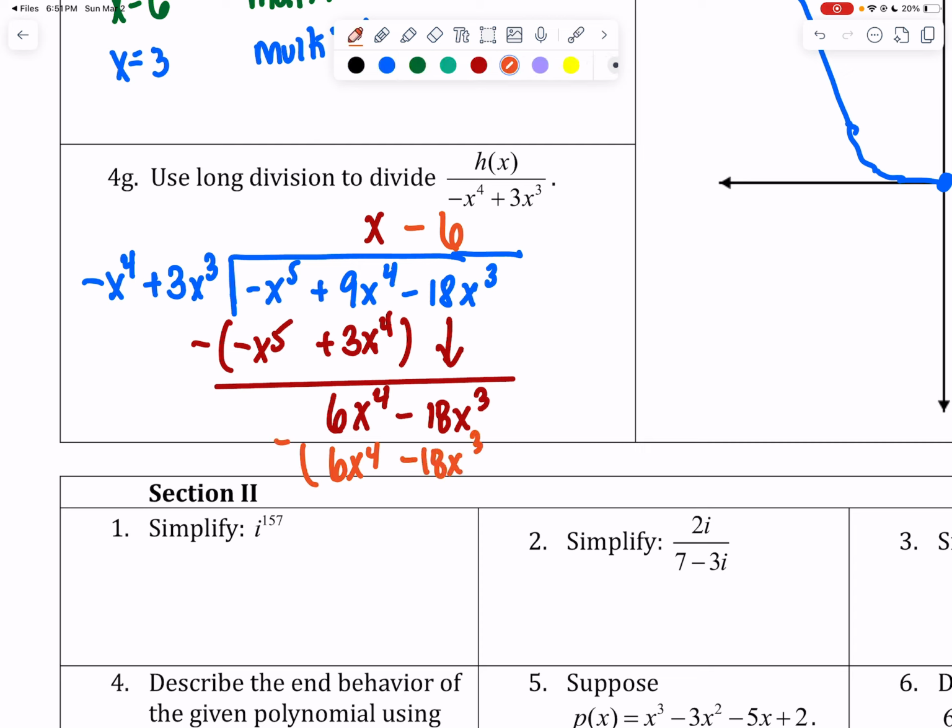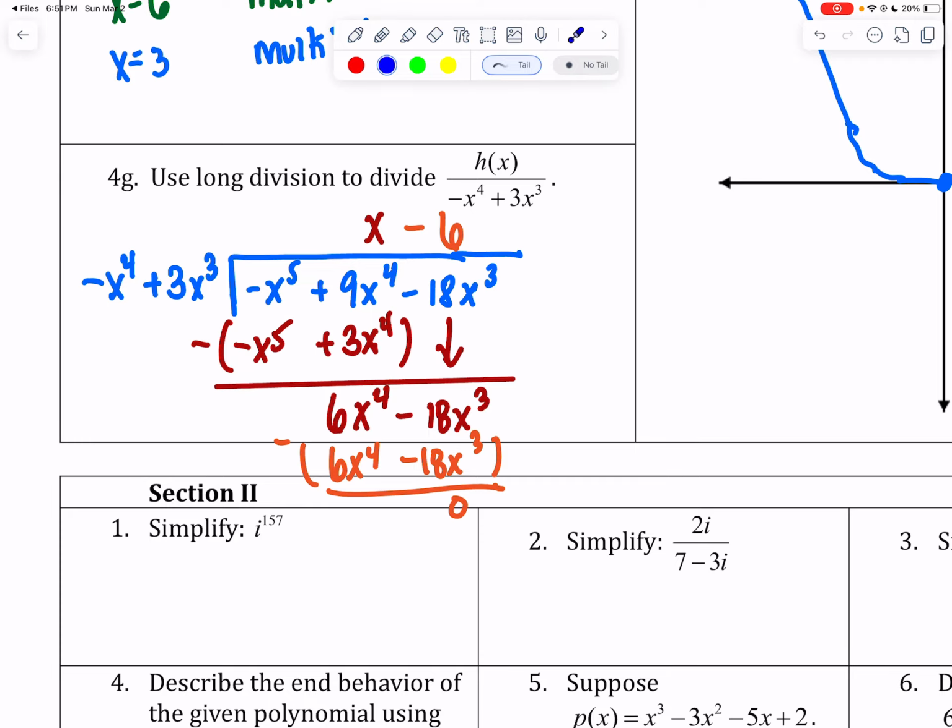And surprisingly, if you did that, I am left with a remainder of 0, which means that your answer for 4G is going to be x minus 6. Now, as a little hint, if you're watching this, on the test, you will not have a remainder, meaning that you should have a pretty answer in terms of your quotient right here.